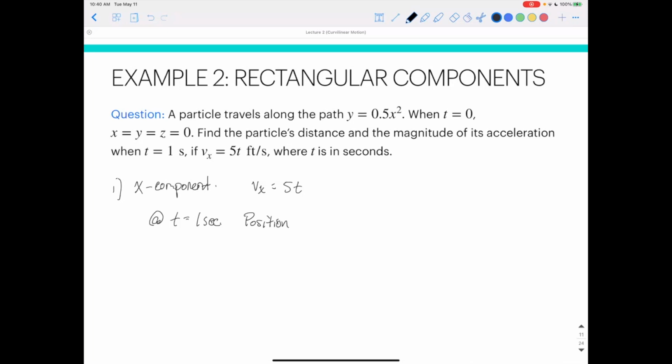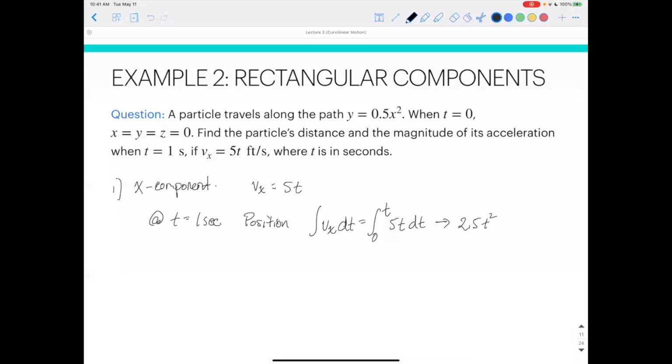We can say that the integral of the x component of velocity times dt is equal to the integral from 0 to t of 5t dt. If we solve this, the integral of 5t dt would be 5t squared over 2, or 2.5t squared.